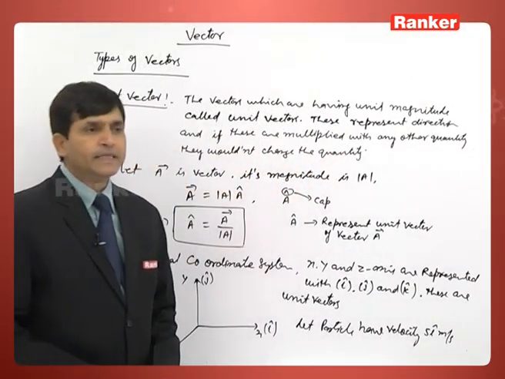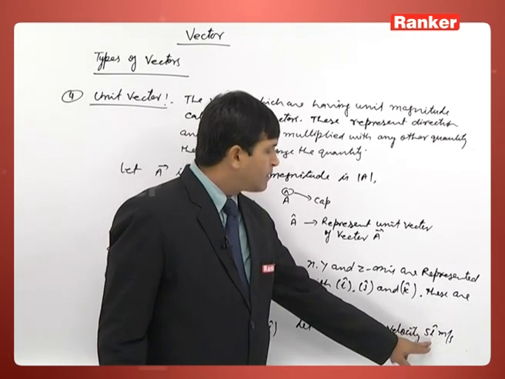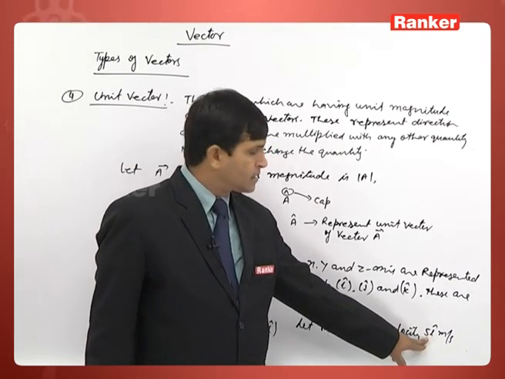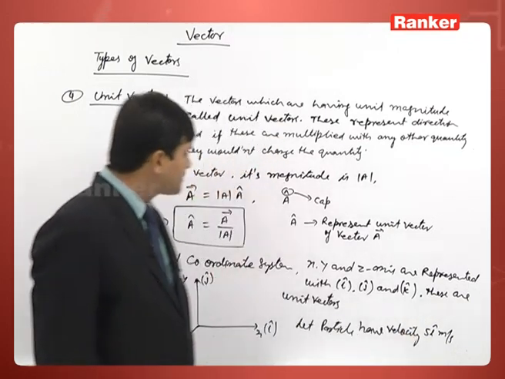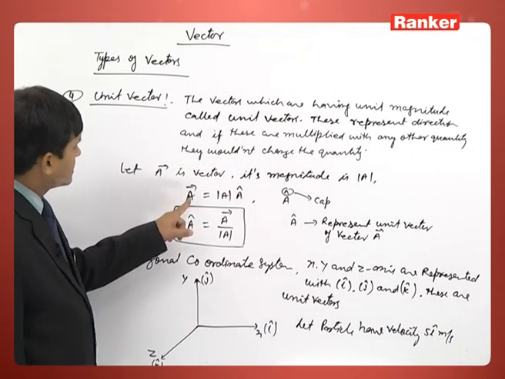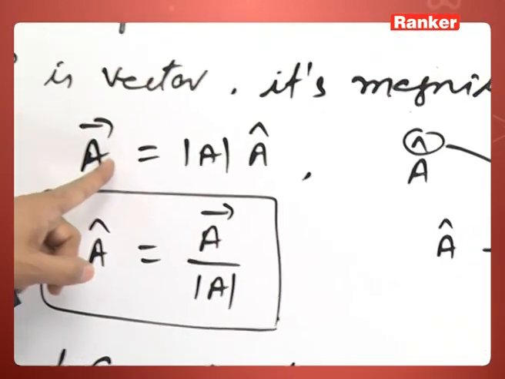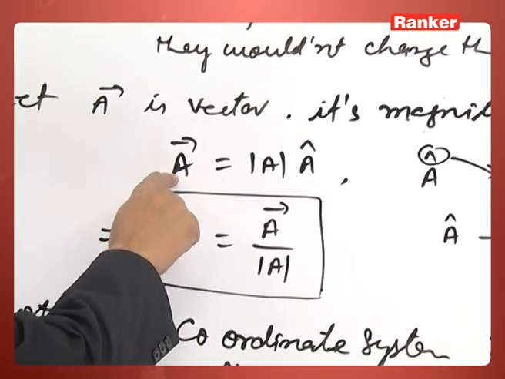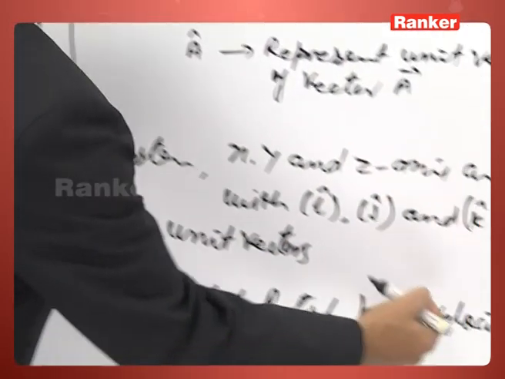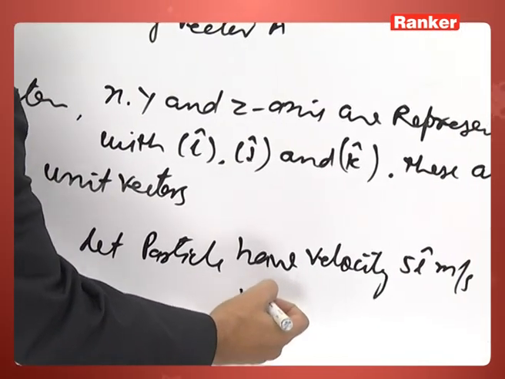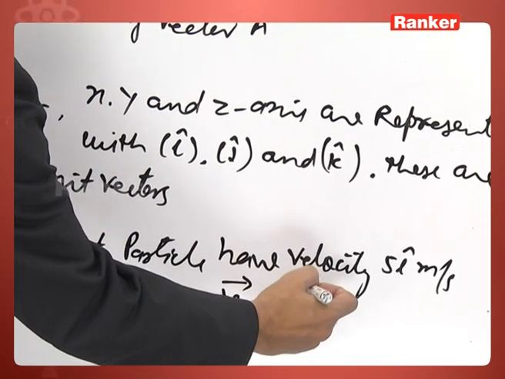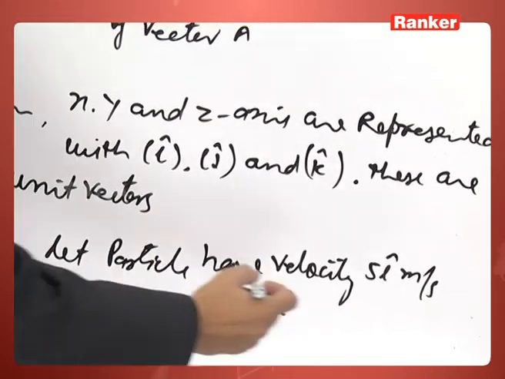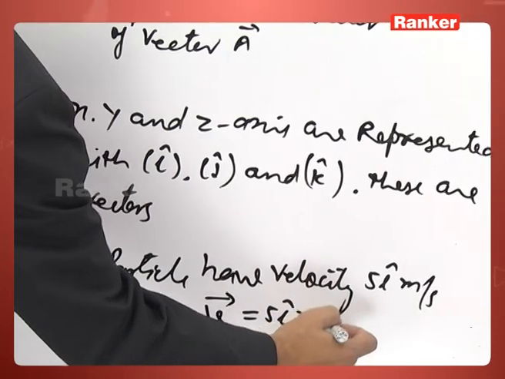So, what does it mean? We have multiplied 5 with i cap. Velocity is a vector, like vector A. Velocity we normally represent with symbol V. So, V is 5 i cap meter per second.